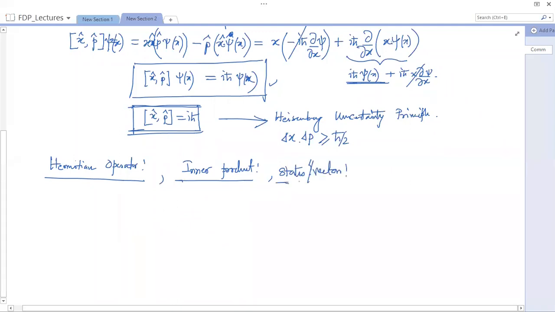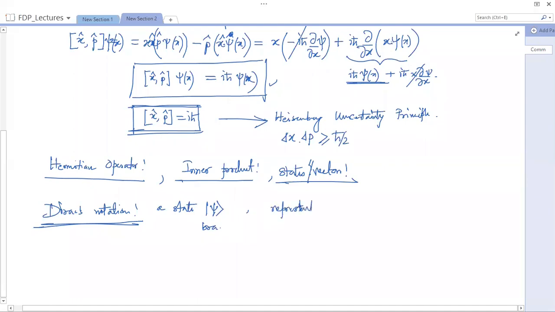In Dirac's notation, which is a useful notation, we write the state psi in bra-ket notation. This is the state psi, and it is an abstract state, somewhere out there, and you want to represent this state.